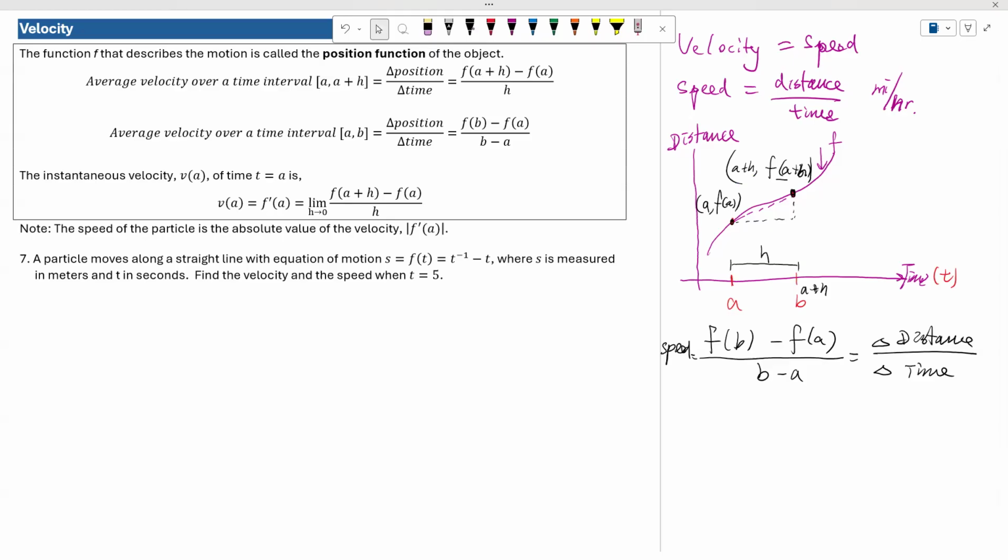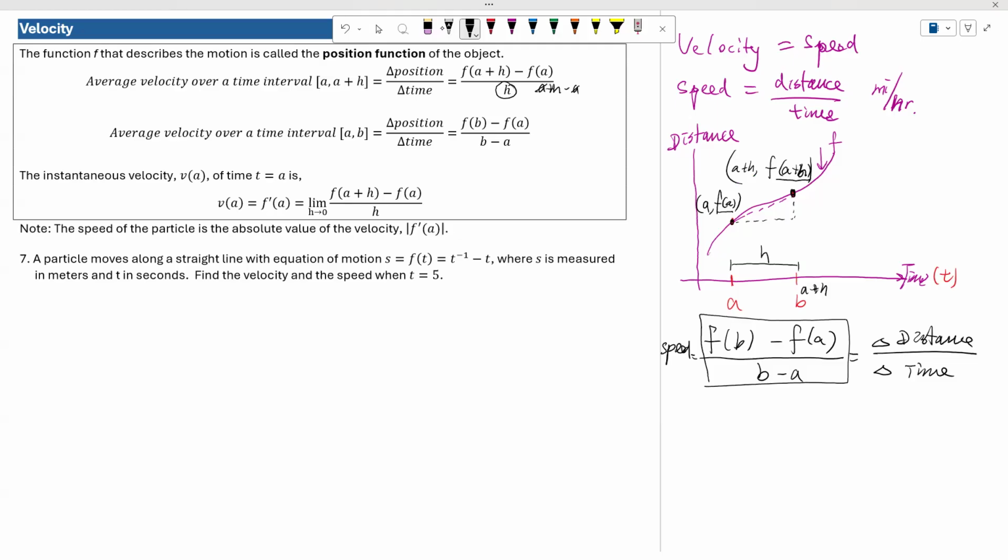And now, f of a plus h minus f of a over a plus h minus a, then you see a and a cancel. So that's why you have h right here. We also could talk about the average velocity over a time interval AB. Then in this case, it will be f of b minus f of a over b minus a. Okay, this is what we have here.